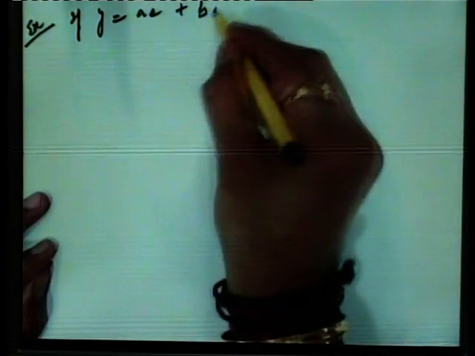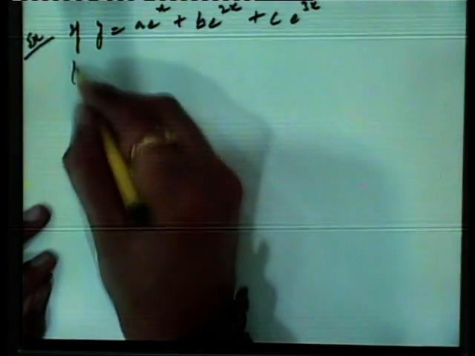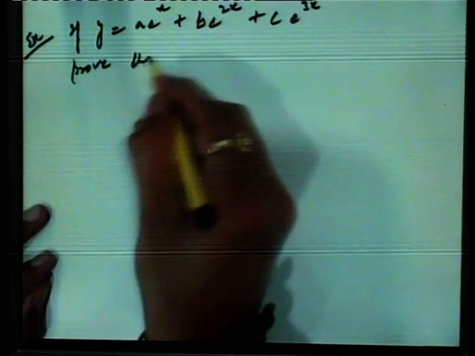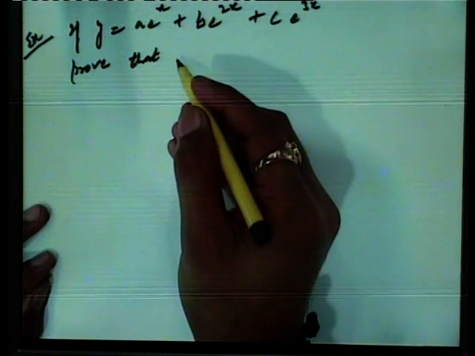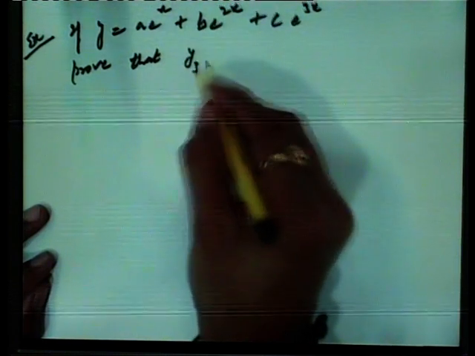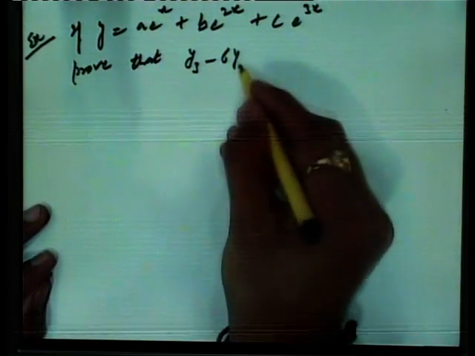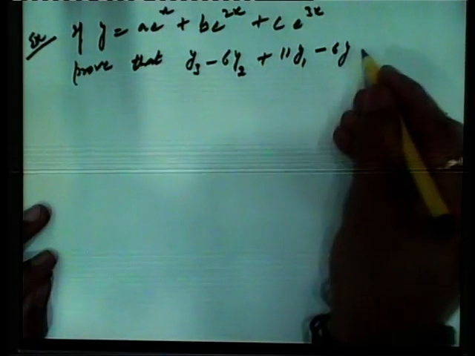That is, if y is equal to a e power x plus b e power 2x plus c e power 3x, prove that y3 minus 6 y2 plus 11 y1 minus 6 y is equal to 0.